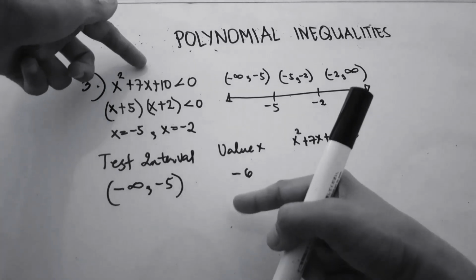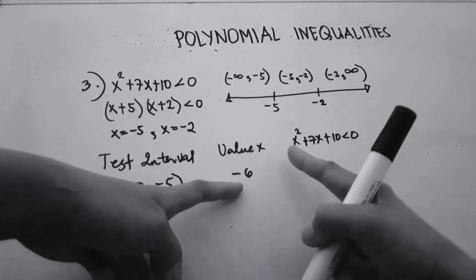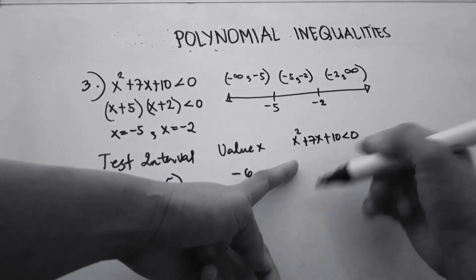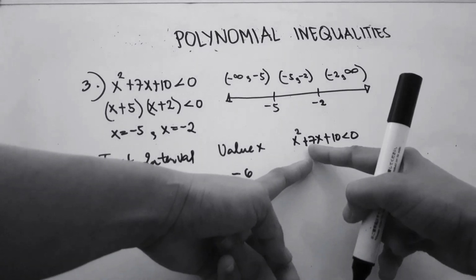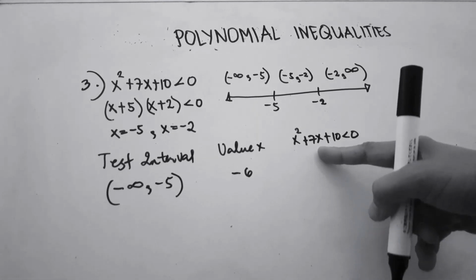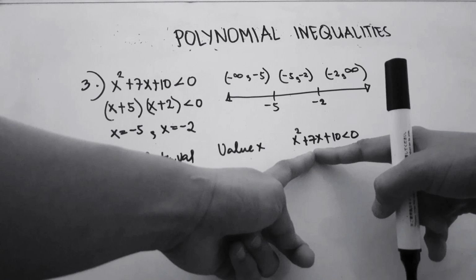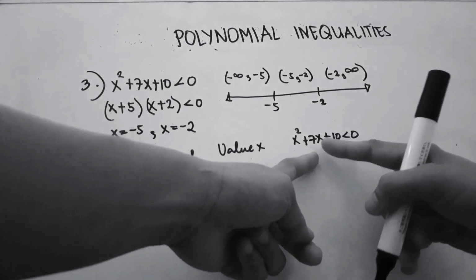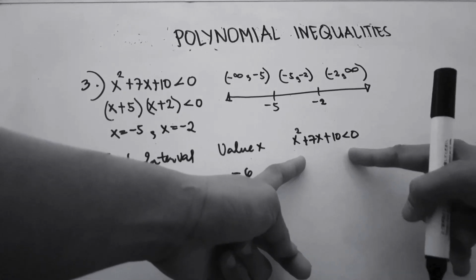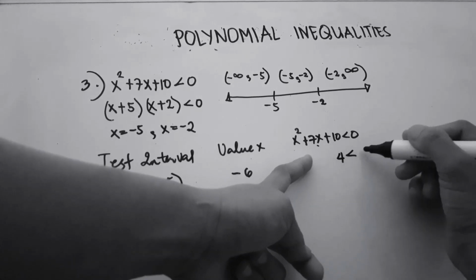Negative 6 squared is positive 36, plus 7 times negative 6, which is negative 42, plus 10, which is equal to positive 4.